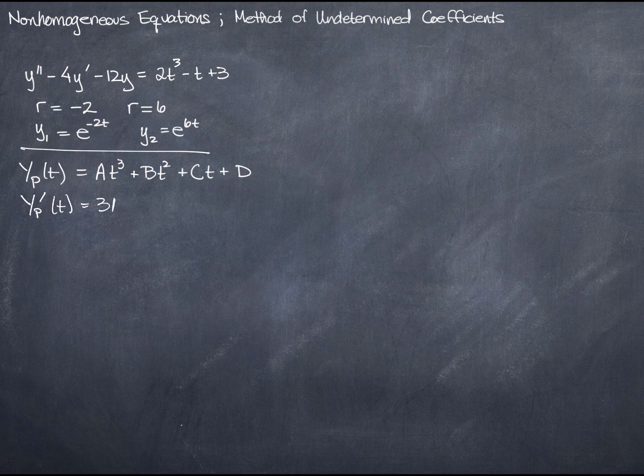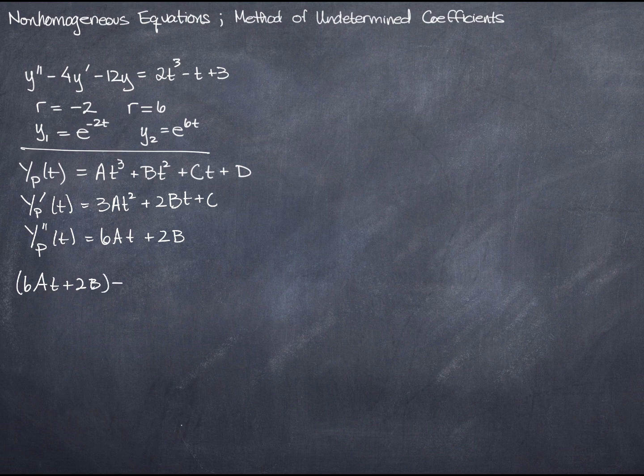That'll give me 3at squared plus 2bt plus c for my first derivative, and for my second derivative I have 6at plus 2b. Now, plug those in. Y double prime is 6at plus 2b minus 4 times y prime.